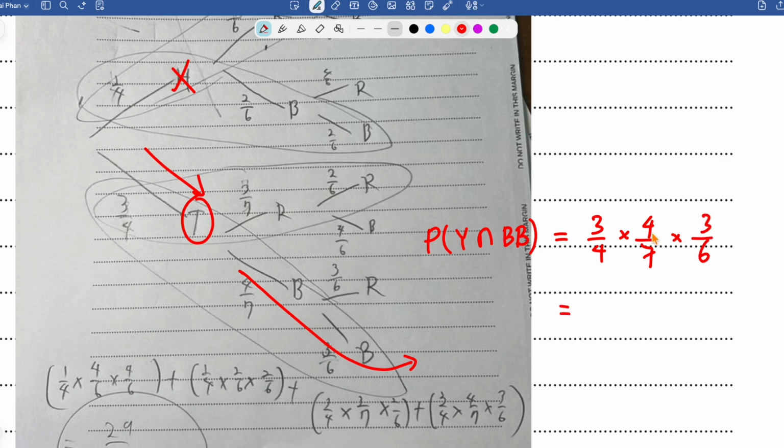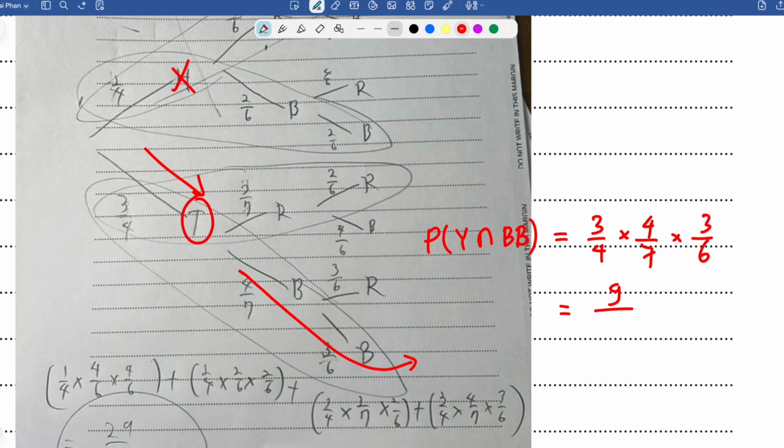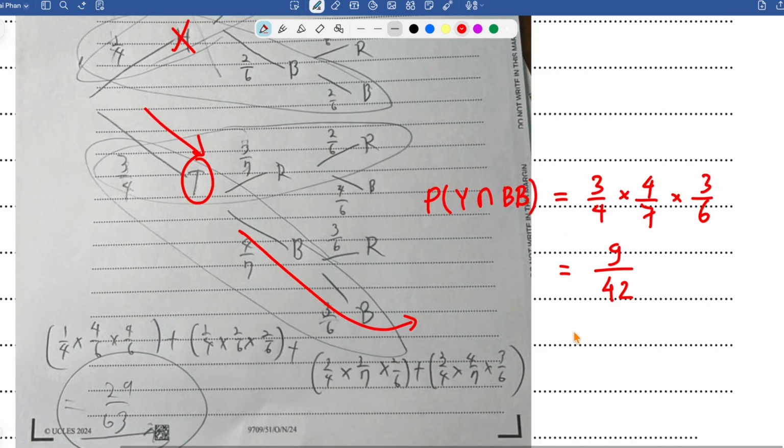Let's calculate this probability. 3/4 times 4/7, we can simplify the 4, therefore 3 times 3 is 9, and 7 times 6 is 42. So 9 over 42. This is the term on the top.